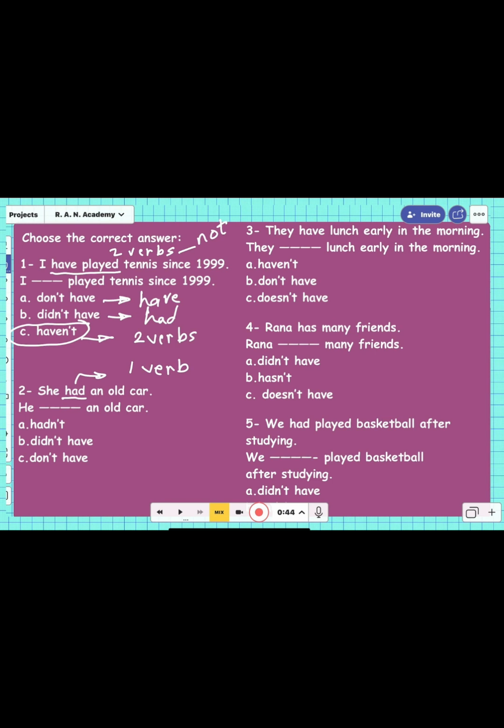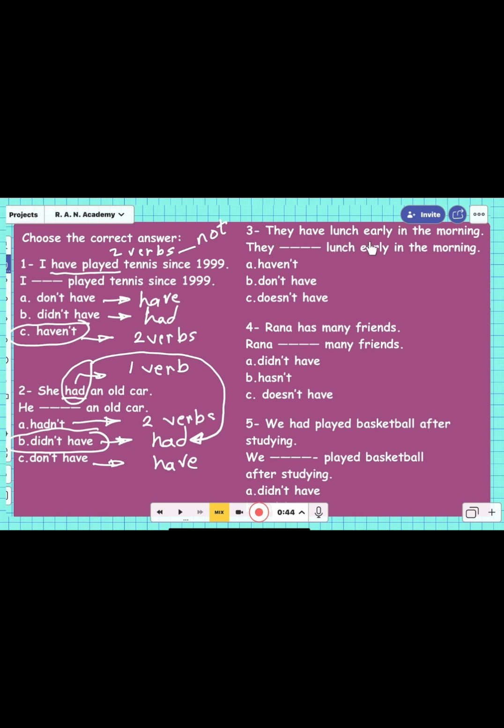Let's see the choices here. Hadn't if I have two verbs. Didn't have if I have had. Don't have if I have in the sentence have. So which one is right? I have had. So I will choose didn't have. Very good.